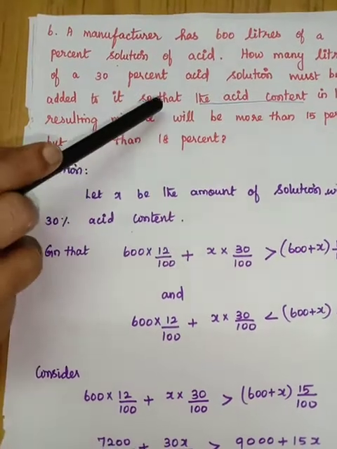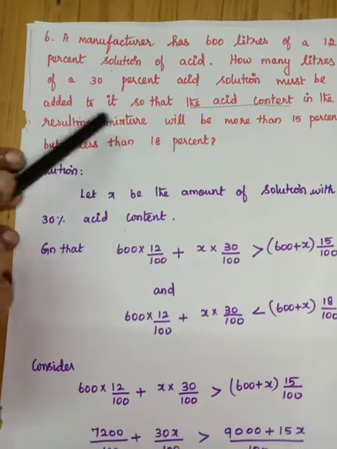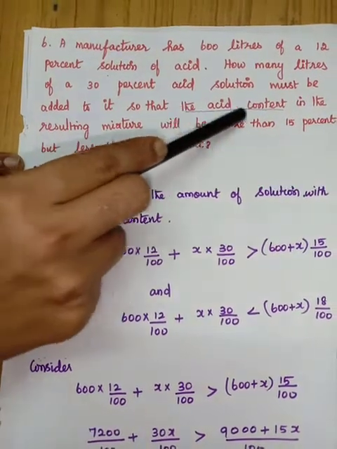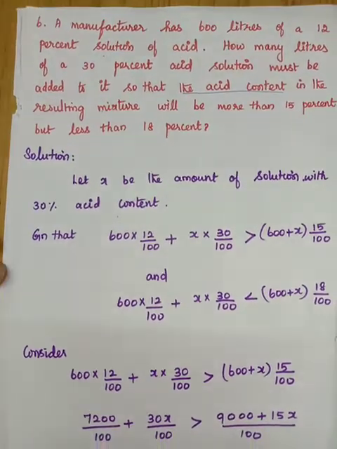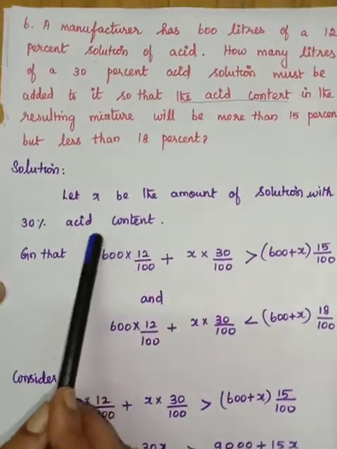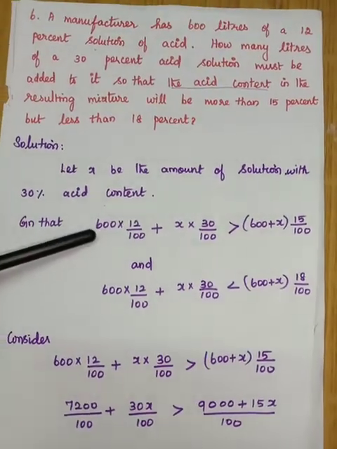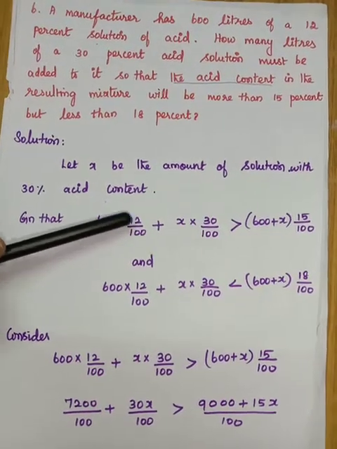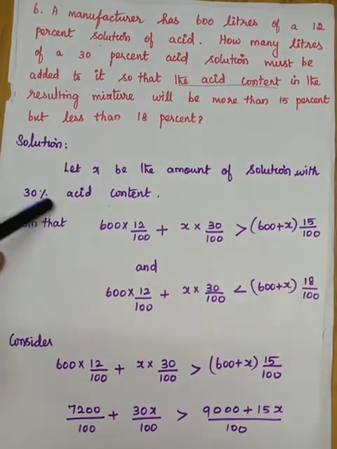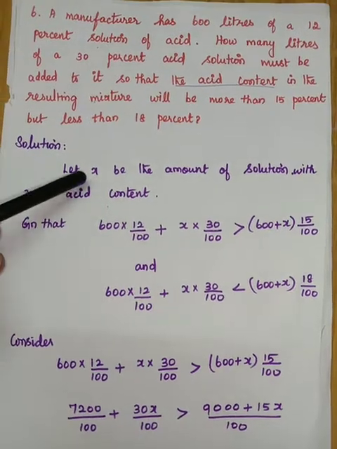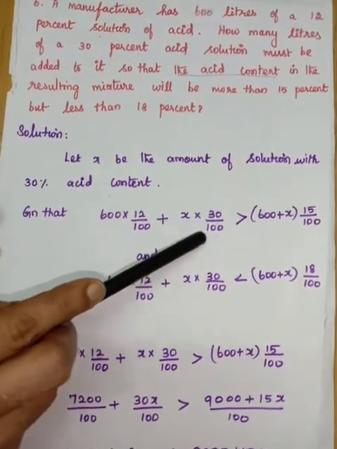So that the acid content in the resulting mixture, they are talking about the acid content in the solution. Here I have written first the acid content in the 600 liters of solution: 600 into 12 by 100 plus the next one, 30% acid content in the amount x, so it is x into 30 by 100.